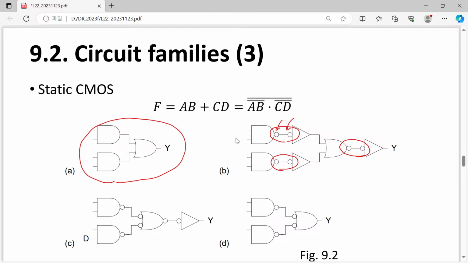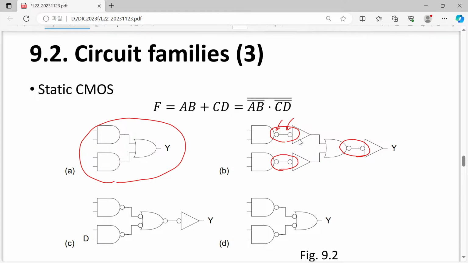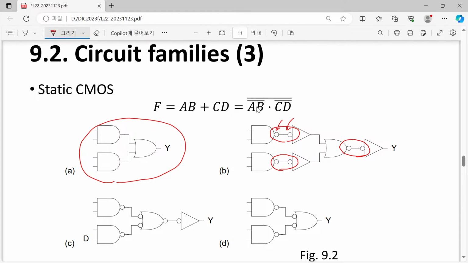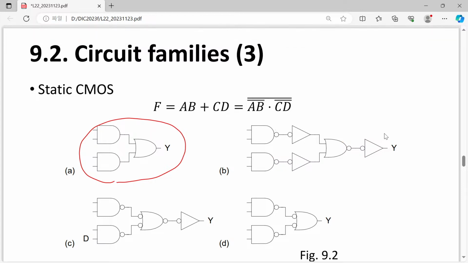After that, now you can understand that from B to C, actually this is a NOT, and this can be just represented as this bubble. Yes. And also we have here bubble and bubble.